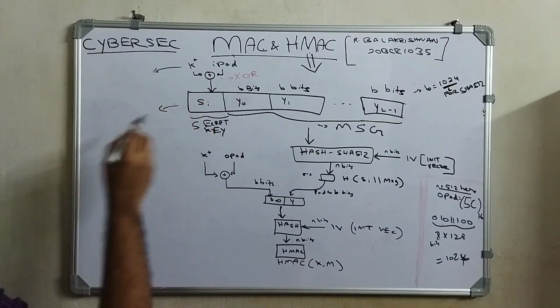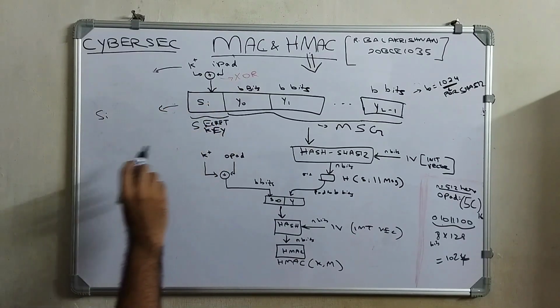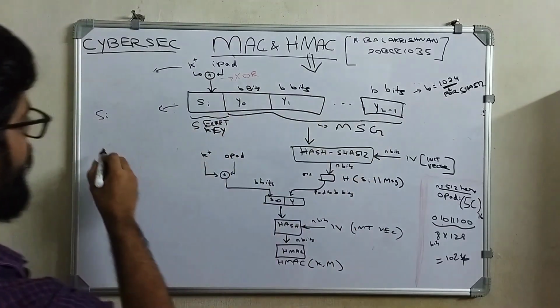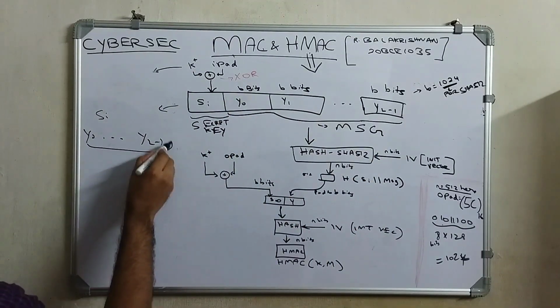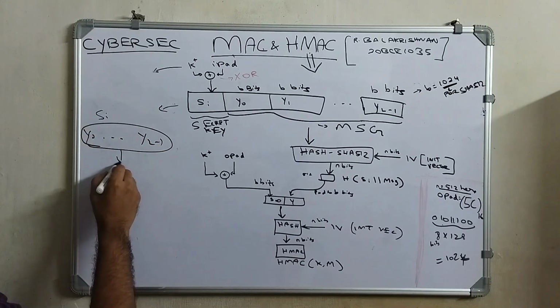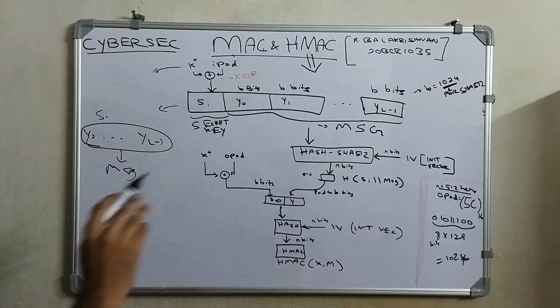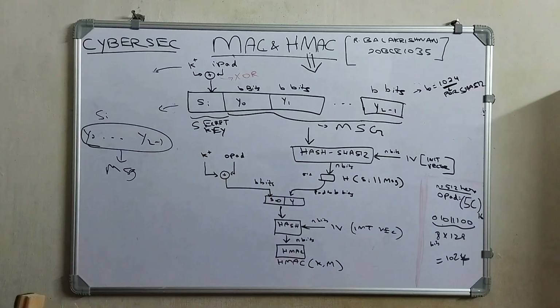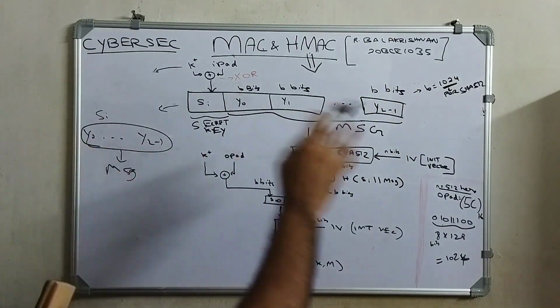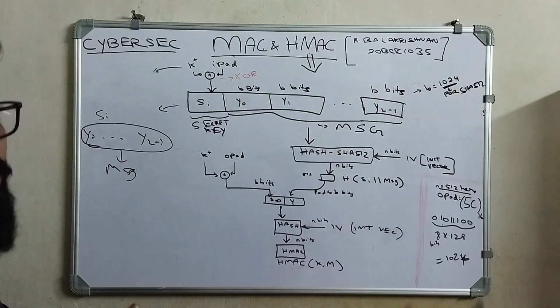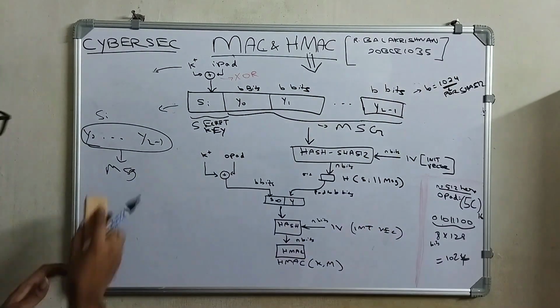This block is the secret key, Si. And what is this block? Y0 to YL-1. This is our message on the whole, split into 1024-bit blocks. If it is not, in the last block we'll be padding to make sure that all are b bits. Here b is 1024 because of SHA-512.